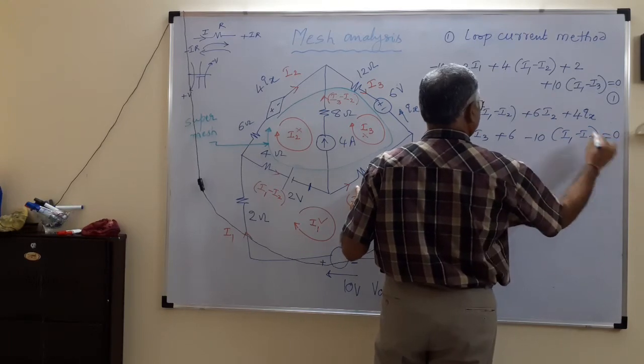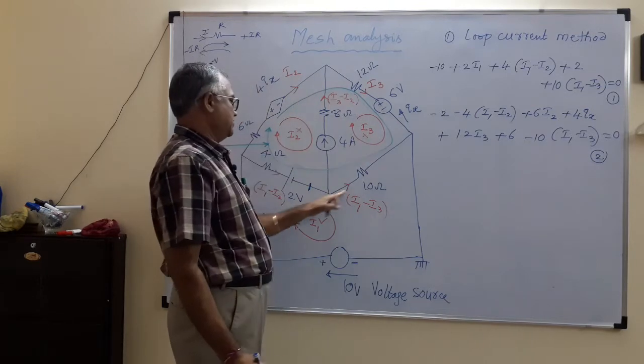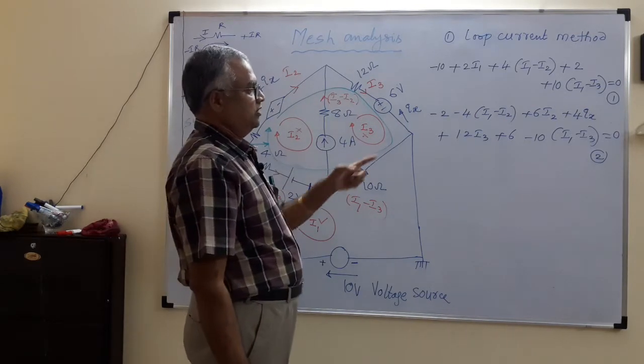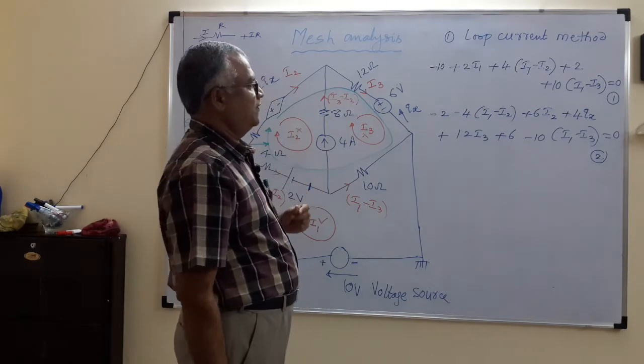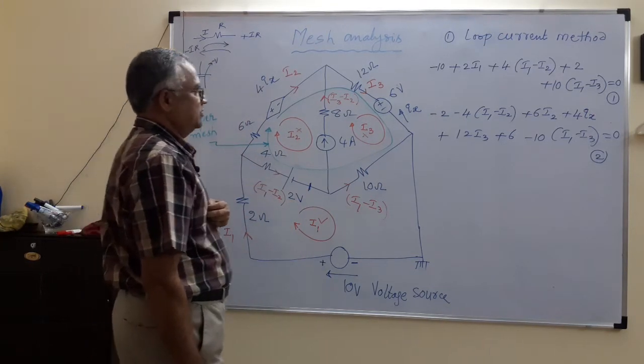This is the second equation. When I started here, we should come back to the same point, and that is equal to 0. A bigger equation, the super mesh equation.